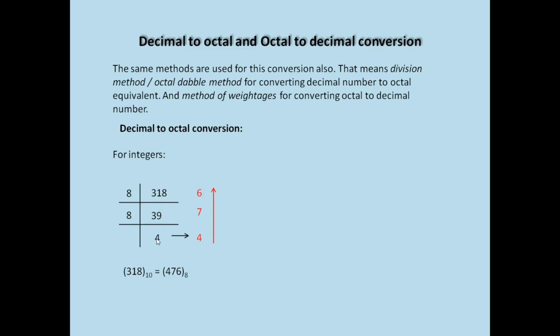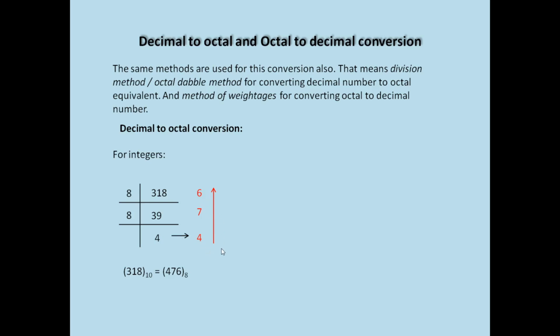So 8 4s are 32 and 7 will be the remainder here. This process is repeated until the last quotient is less than 8. So here 4 is less than 8, and this last value is transferred to the queue of these remainders.